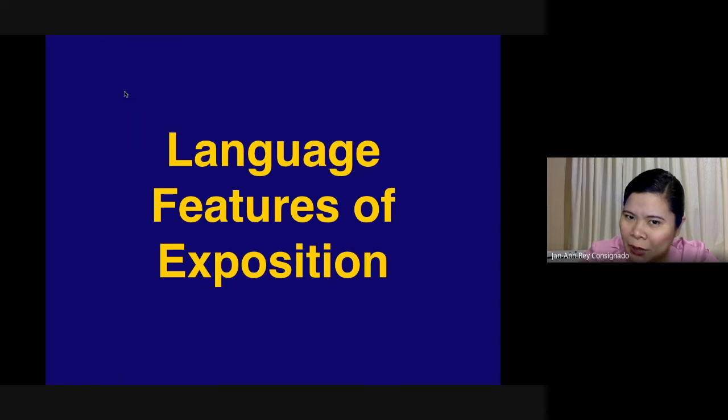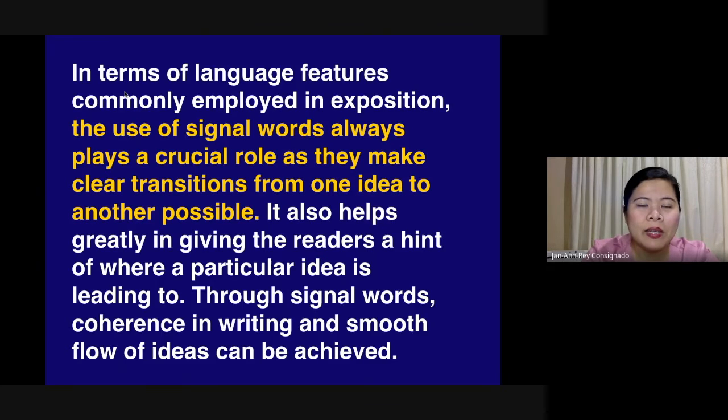Again, language features of exposition. In terms of language features commonly employed in exposition, the use of signal words always plays a crucial role as they make clear transitions from one idea to another possible.